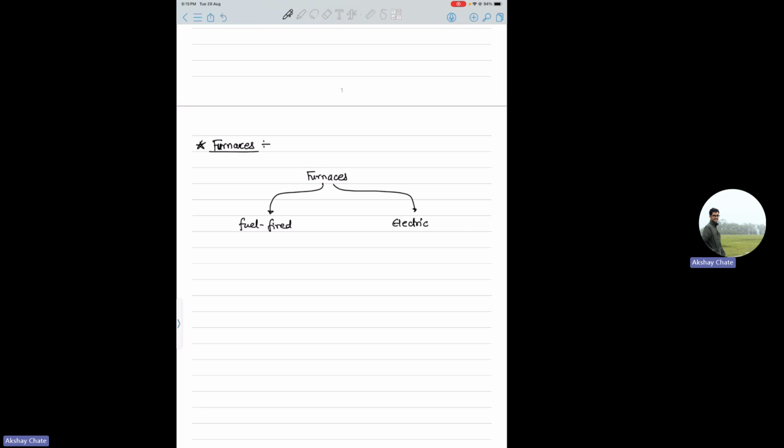As the name suggests, fuel fired furnaces use a certain sort of fuel, and when you burn the fuel, you get the heat output, and that heat is used either directly or indirectly to heat the metallic ore, or anything that you want to purify or melt.